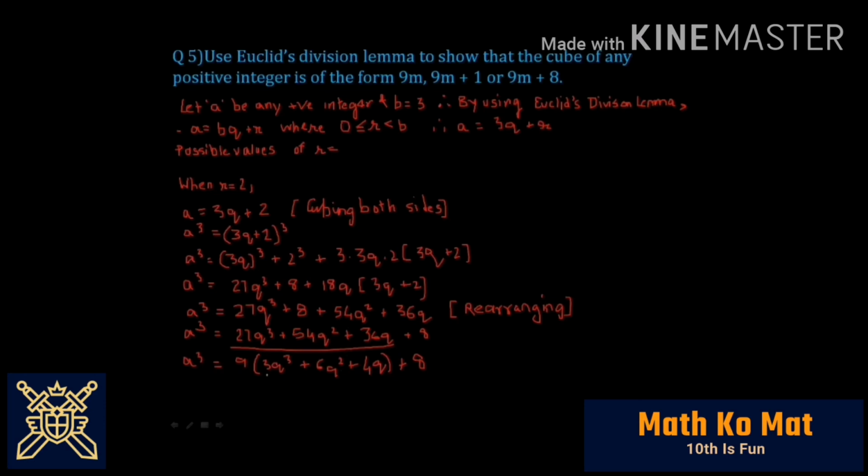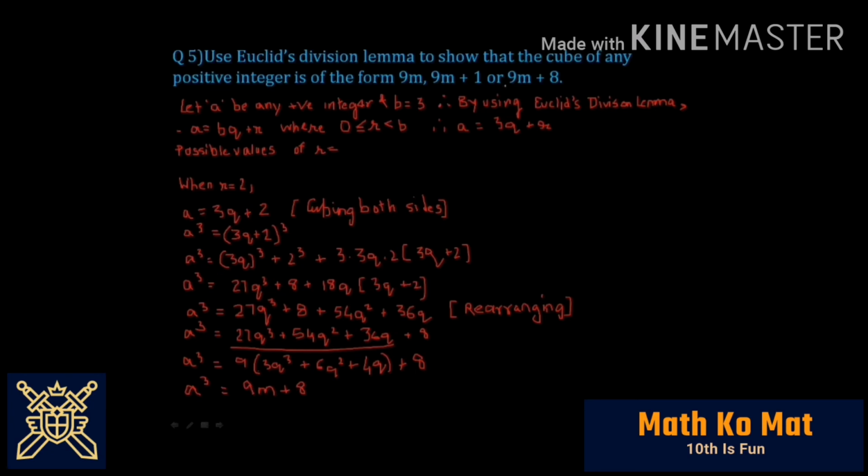And 36 divided by 9 is 4, so 4q. And whole plus 8. So again we'll express all these expressions in q as m. So a cube will now be equal to 9m plus 8, and we have got the third value also, that was 9m plus 8.